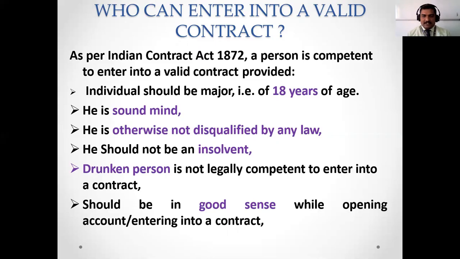If a customer who is an Indian citizen violates any provisions of the Citizenship Act, he cannot remain an Indian citizen, so at that time he cannot have a bank account as an Indian customer. If he is disqualified as per certain law, that is applicable here also under the Indian Contract Act 1872. And he should not be an insolvent.